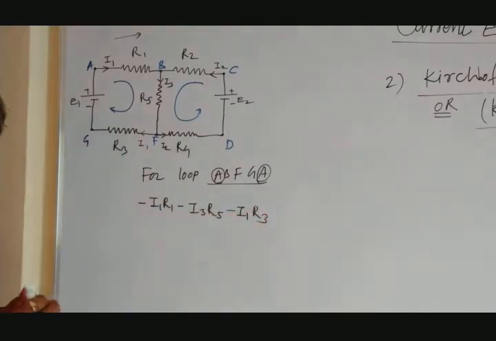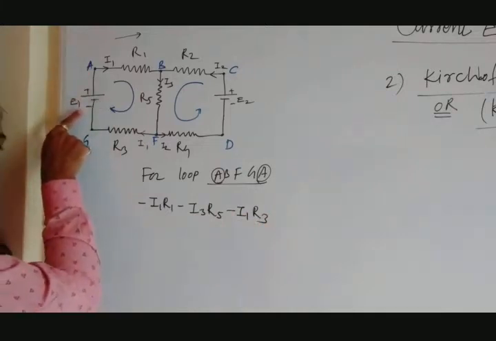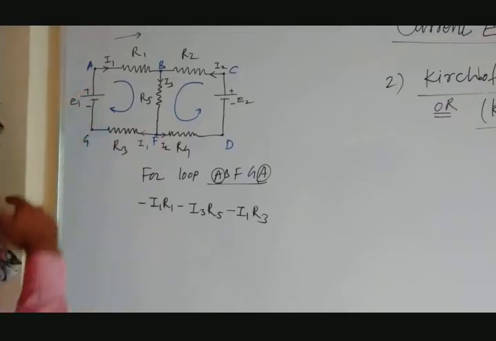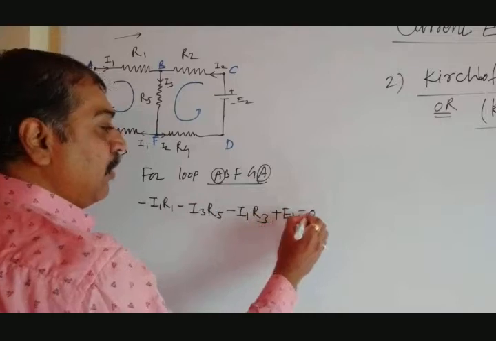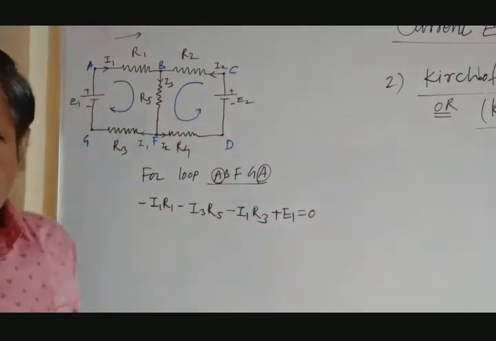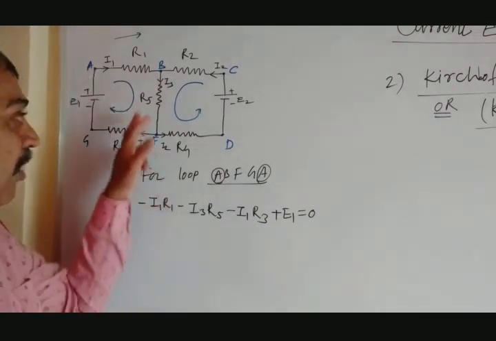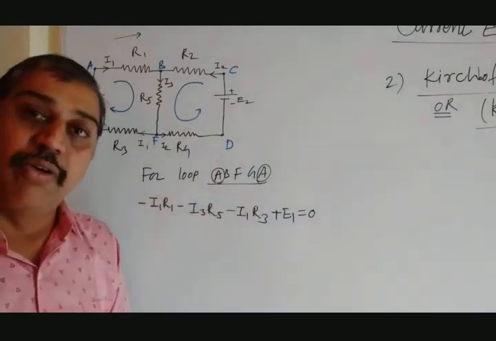Now when we move from G to A, the EMF will move from the minus plate to the positive plate, so it would be positive. So plus E1 equal to 0. This is the equation that we have applied for Kirchhoff's voltage law for the first loop A, B, F, G, A. I hope you understand this.